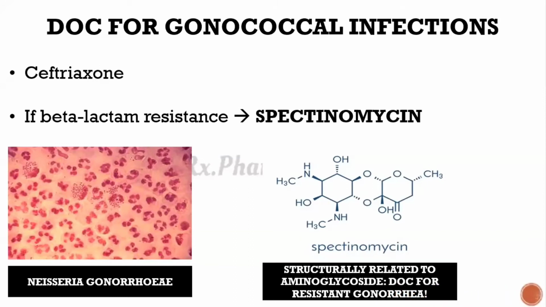So spectinomycin is actually structurally related to aminoglycoside, and it is the drug of choice for resistant gonorrhea. So if you are having gonorrhea infection which is resistant to beta-lactams, in that condition, you can move over to spectinomycin.